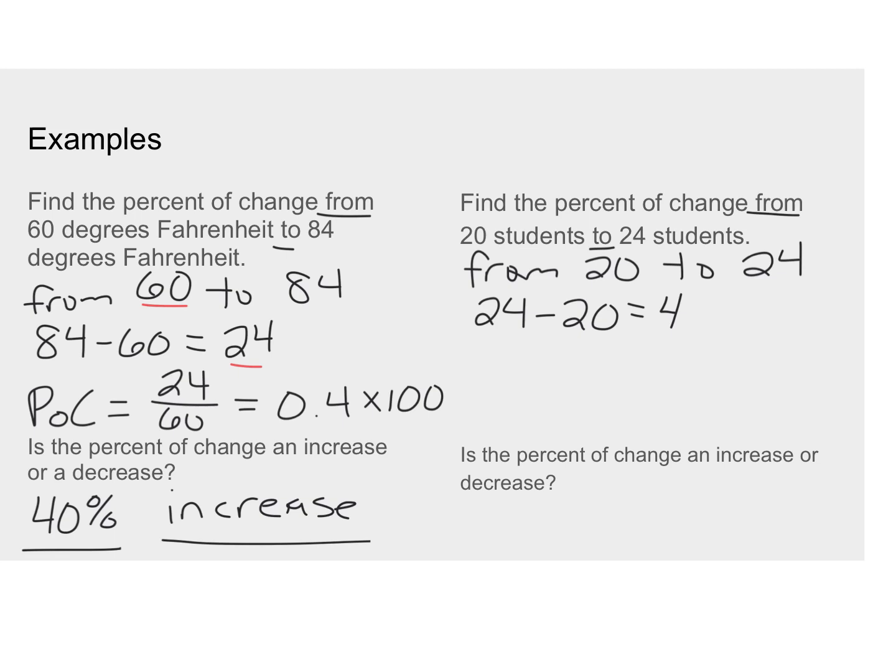Do we have everything that we want out of this ratio? What's the amount of change? 4. What's the original amount? 20. So we have it all, right? So POC equals 4 over 20. You always want the original amount on the bottom.